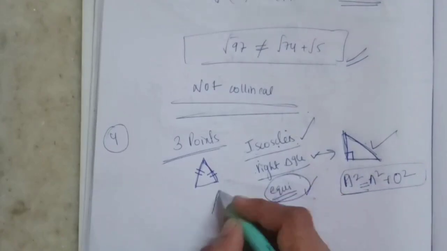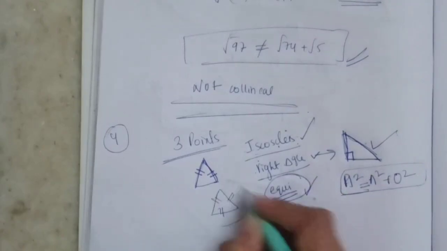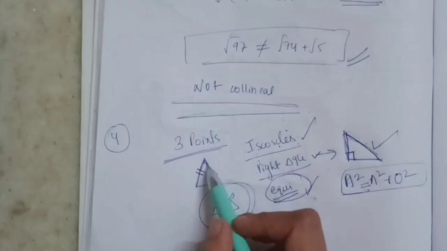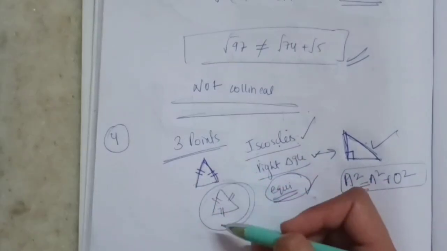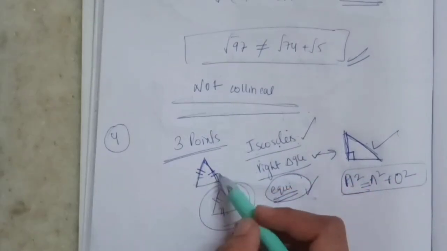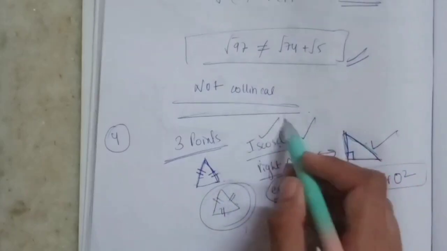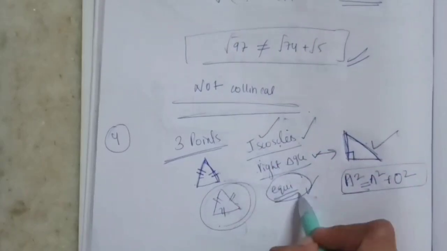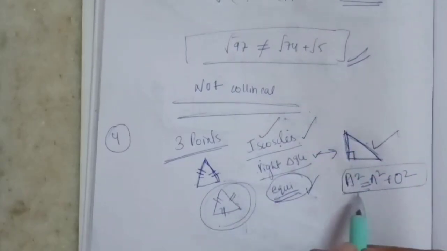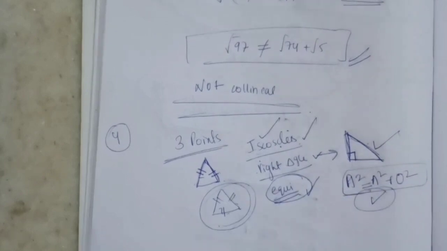And for an equilateral triangle, all lengths must be equal. So they'll give 3 points and you should find the lengths. If 2 are equal, then it is isosceles. If 3 are equal, then it is equilateral. And if it satisfies the Pythagoras theorem, it is a right angle triangle.